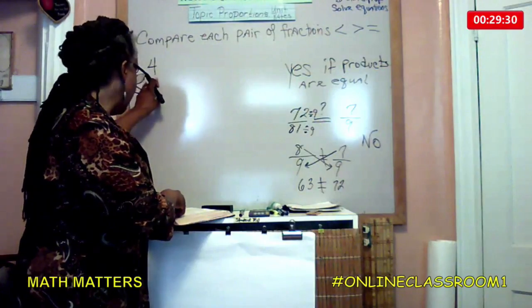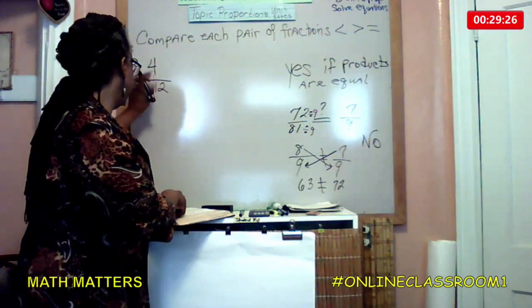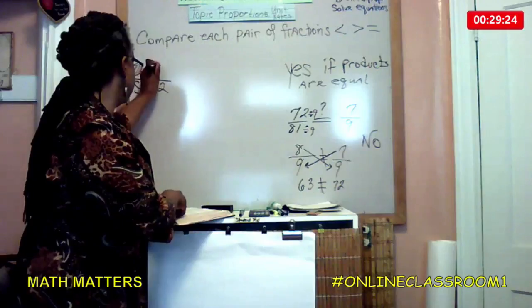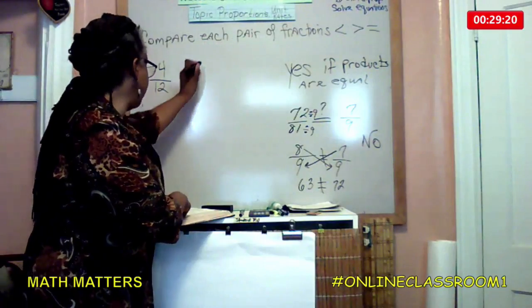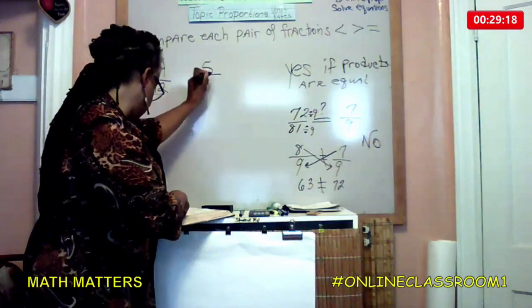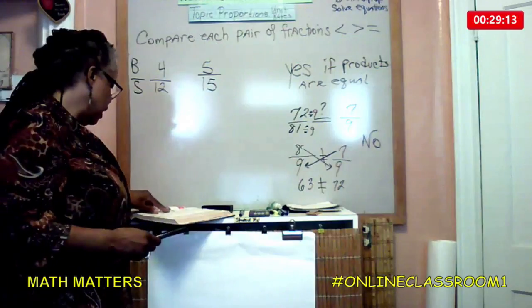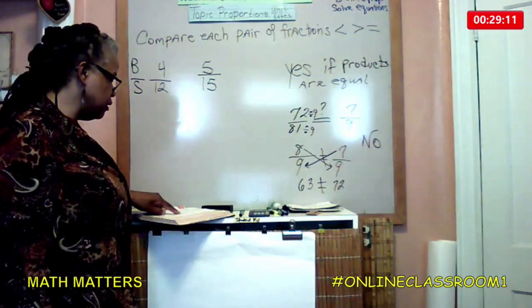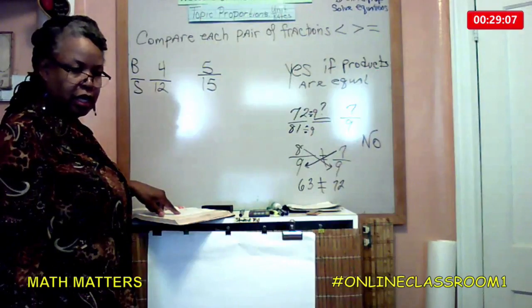So 4 out of every 12 students have braces. And we're going to compare that to 5 of every 15 students in a different class who have braces. Are these ratios equivalent?